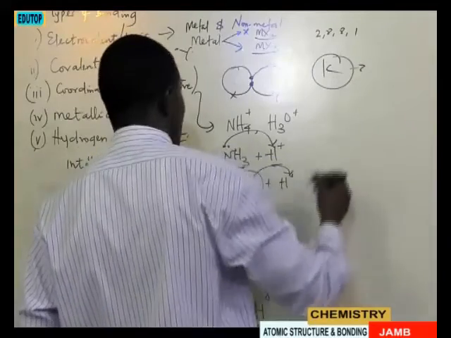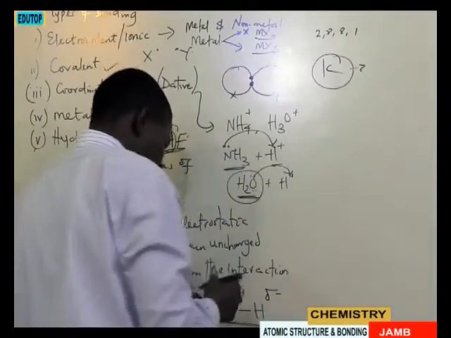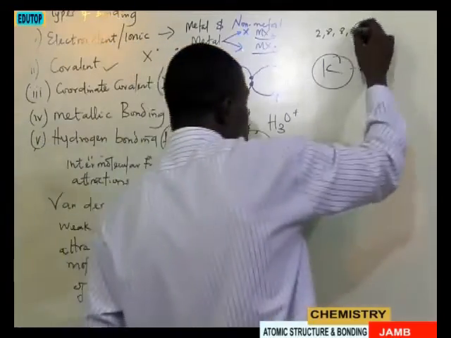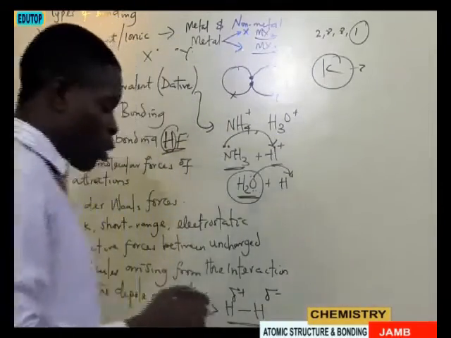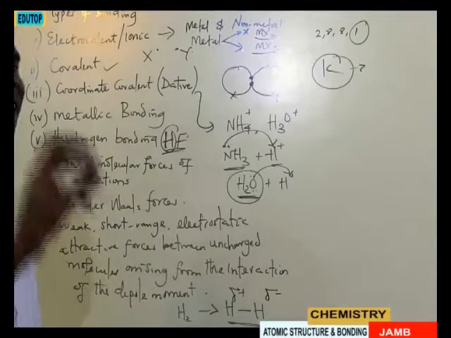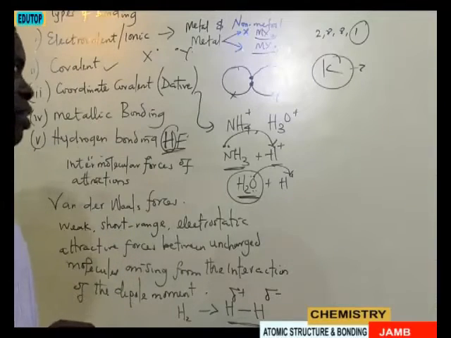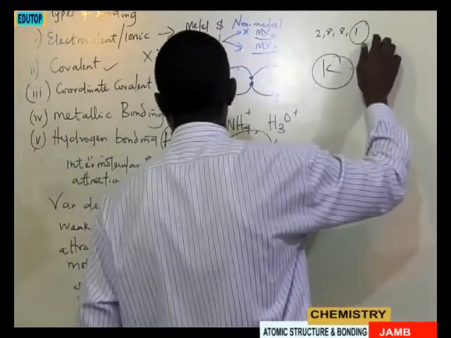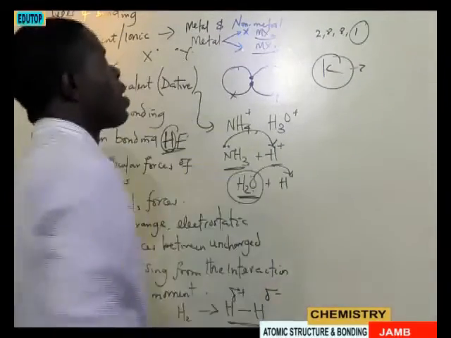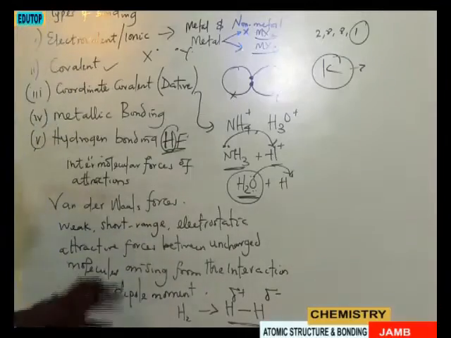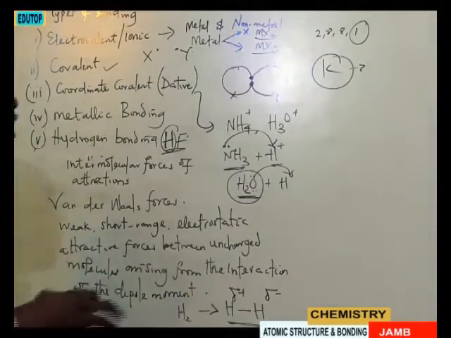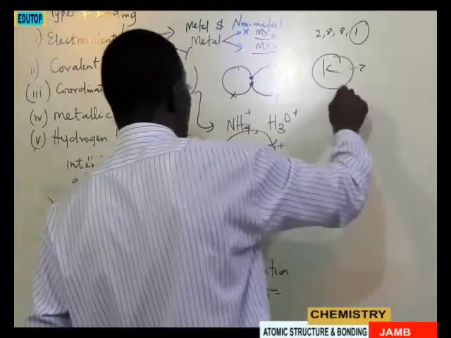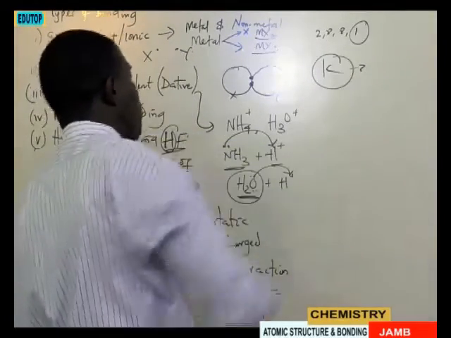Undergo ionic or electrovalent bond with ease, simply because it has only one electron in the outermost shell, which it can donate easily. So that is why potassium will definitely undergo ionic bonding with ease. So you can see how I've been able to use electron configuration to predict the bond type.